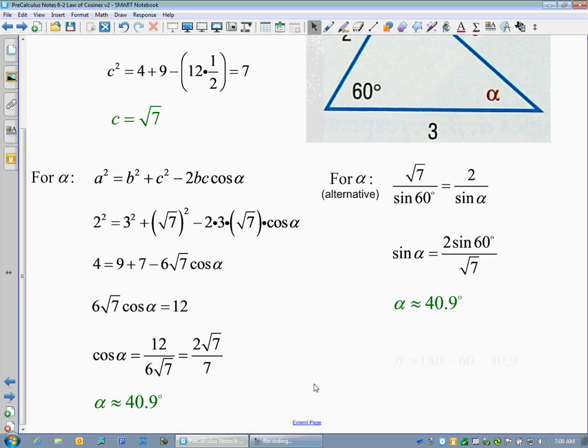Beta is going to be 180 degrees minus the 2 angles we know, so beta is simply going to be 79.1 degrees. So always look for those opportunities to work smarter rather than harder. And we're done.